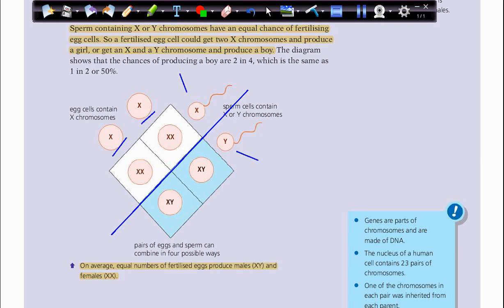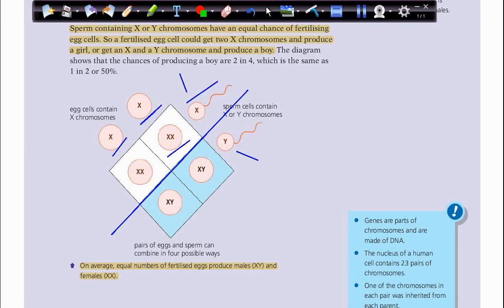So we have a 50% chance to have a boy or a 50% chance to have a girl. So if the sperm contains an X chromosome and fertilizes an egg with an X chromosome, they will get XX, which is a girl.